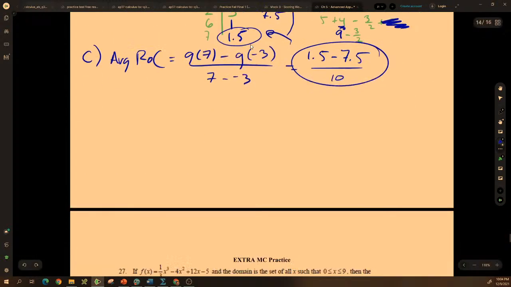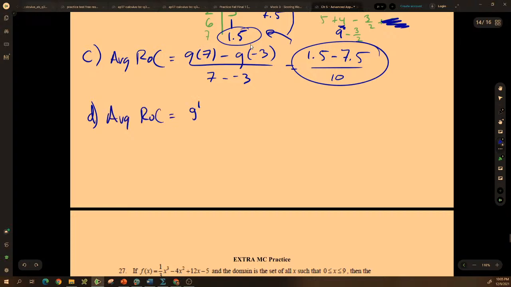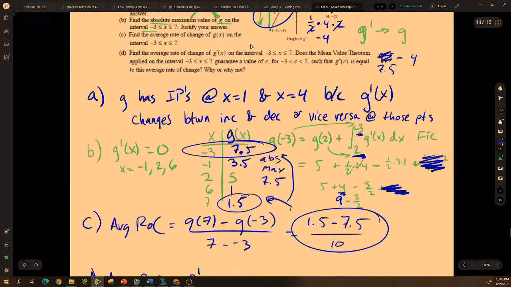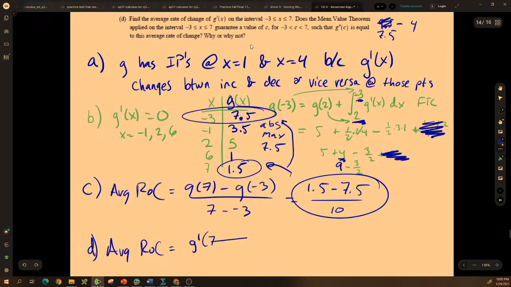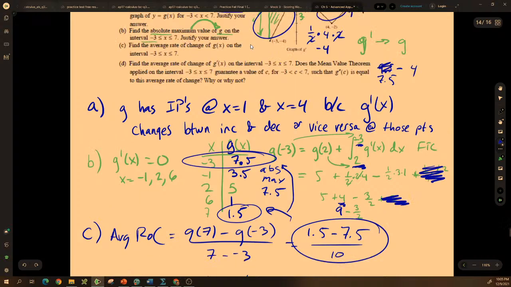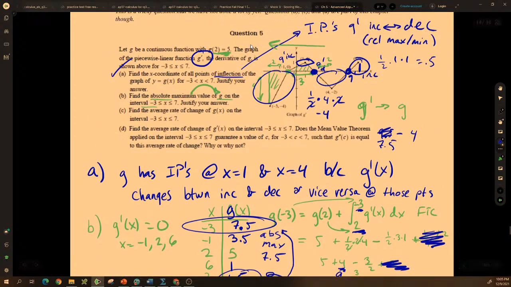And D, find the average rate of change of g prime of x. This probably would be on the final. So g prime of x, from negative 3 to 7. So g prime of 7 minus g prime of negative 3 over 7 minus negative 3. Now g prime of 7 and g prime of negative 3 would be on the graph.